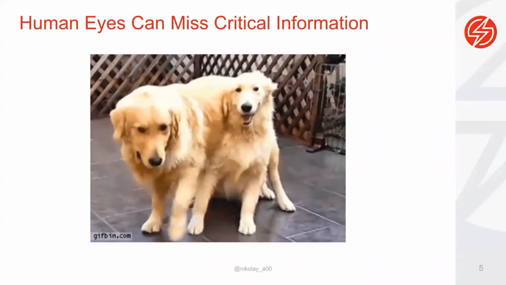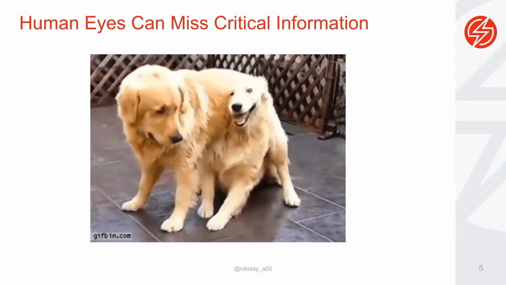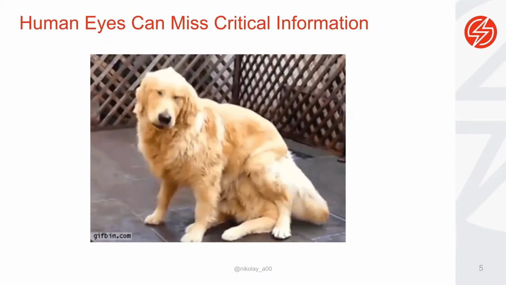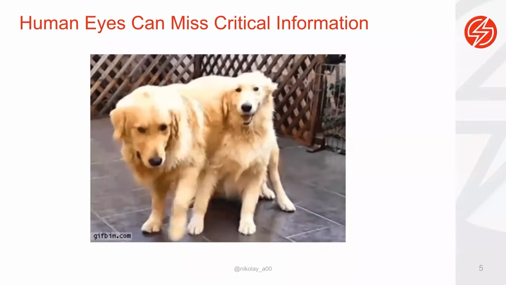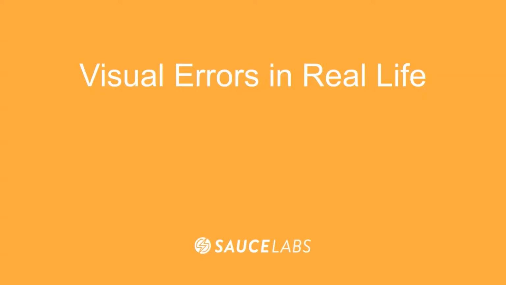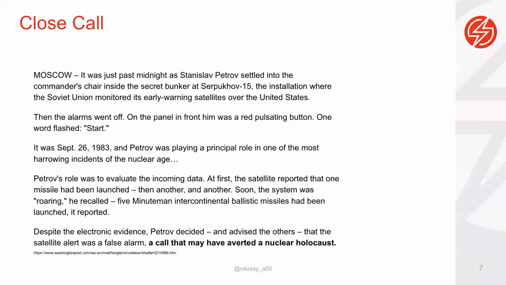The other type of situation is where we don't test stuff at all, whether we don't have time to test it, or maybe we don't even think to test it. And so I've got some examples of visual errors happening in real life, and I think that will give you a great idea of the type of errors that can occur.